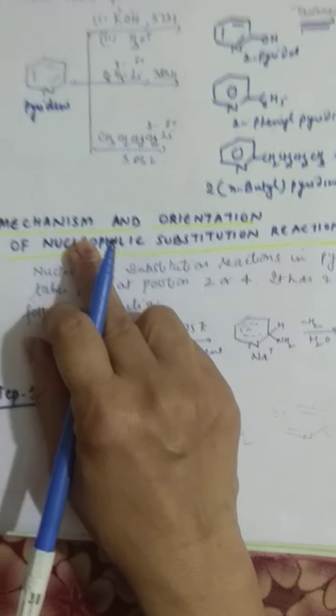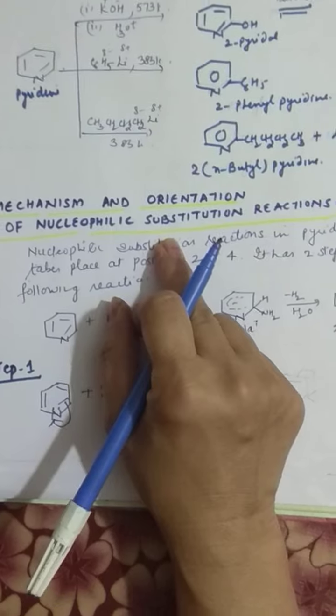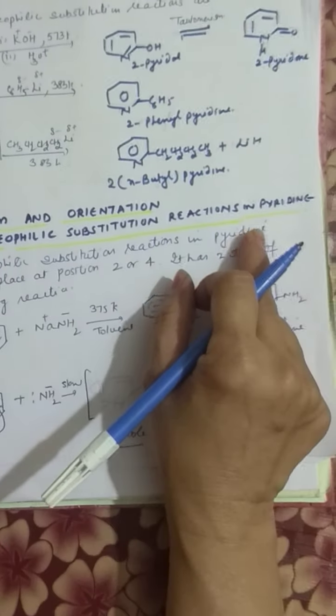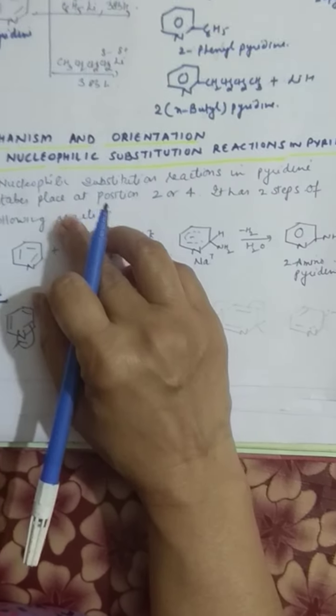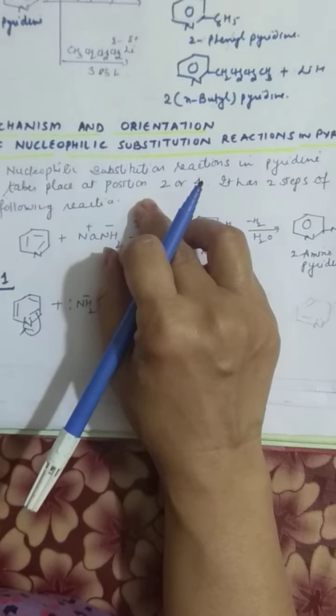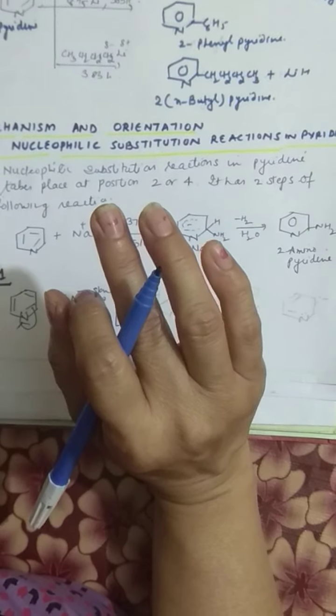So let's discuss the mechanism and orientation of nucleophilic substitution reactions in pyridine. Nucleophilic substitution reactions in pyridine take place at position 2 and 4. It has the following steps.